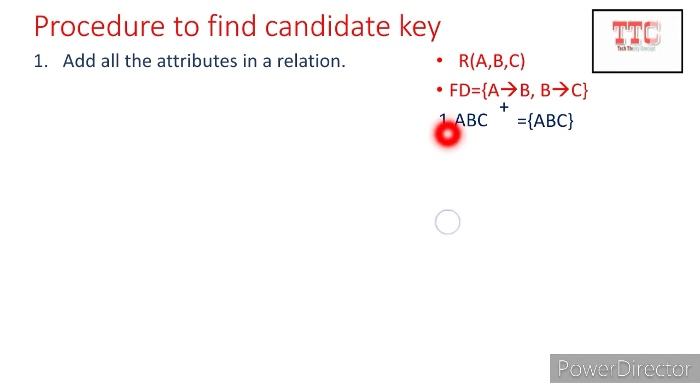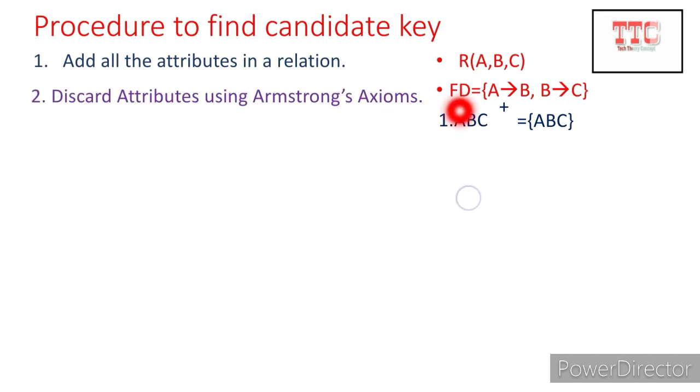Now in the second step, using Armstrong axioms, we will try to discard some attributes from our first step. For this, we apply Armstrong axiom rules to the given functional dependencies. Here you can see that A determines B is present.